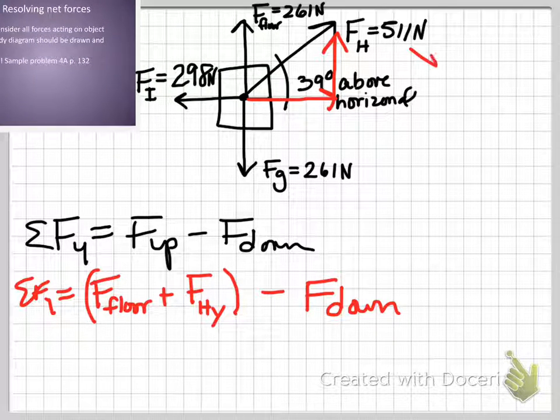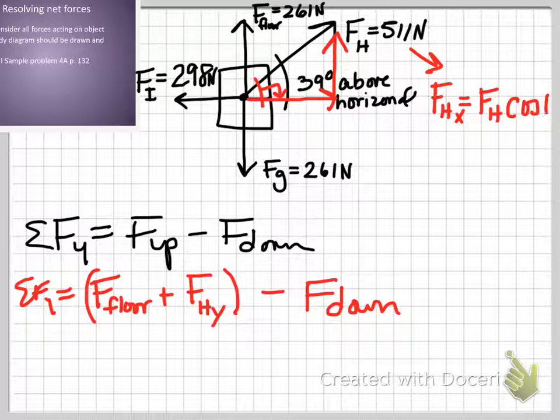I would write a little note to myself. Force of Hannah on the x equals force of Hannah. Here's my angle. That's my adjacent side. What am I going to use here? Force of Hannah cosine theta.